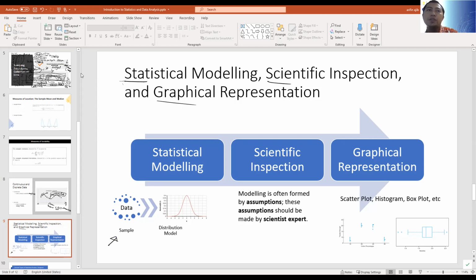Sample distribution. You can see this is data, this is a data sample, for example. And then from the data, because of randomness, you remember we always talk about randomness, because of the randomness, the frequency, we can draw some graphical representation here. This is the spectrum of the data or sample range, and this is the frequency.